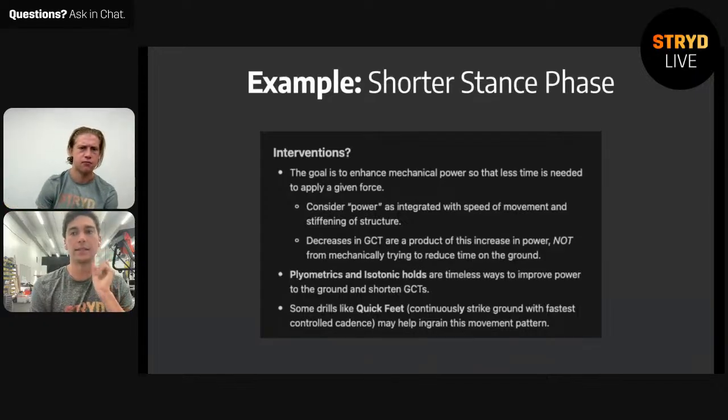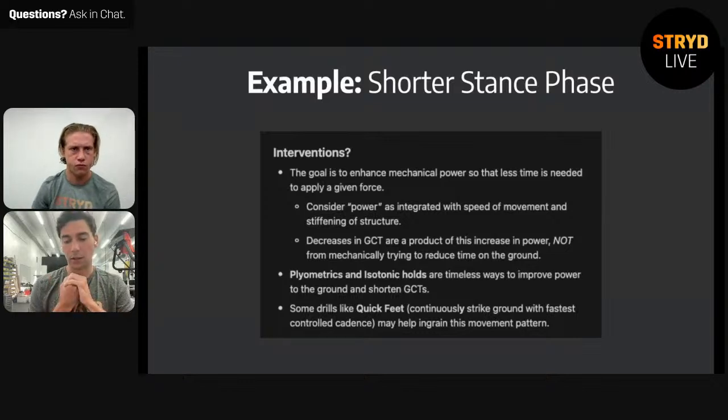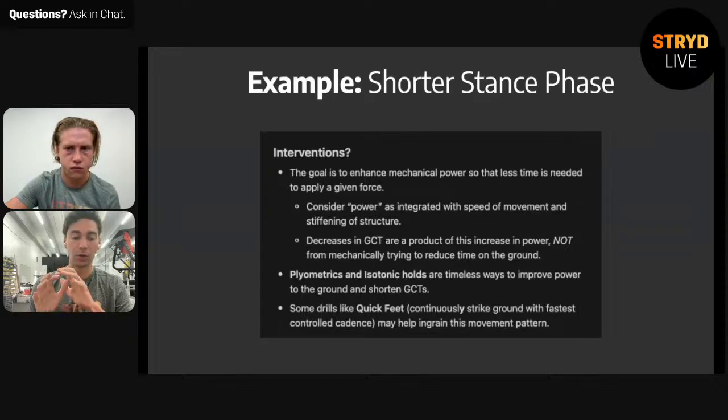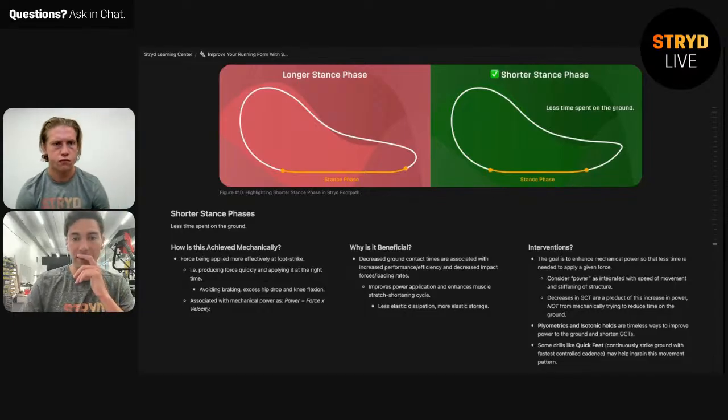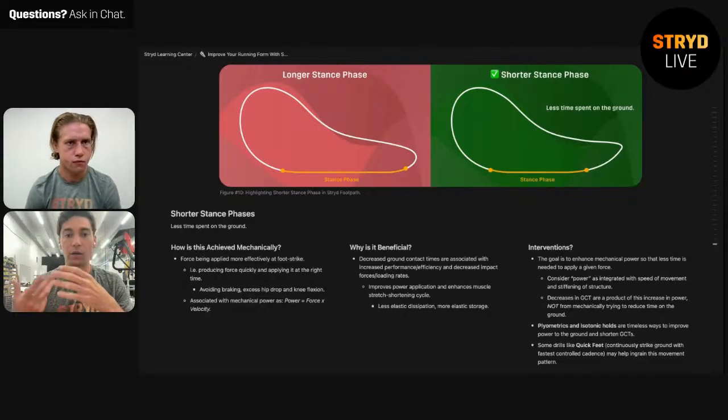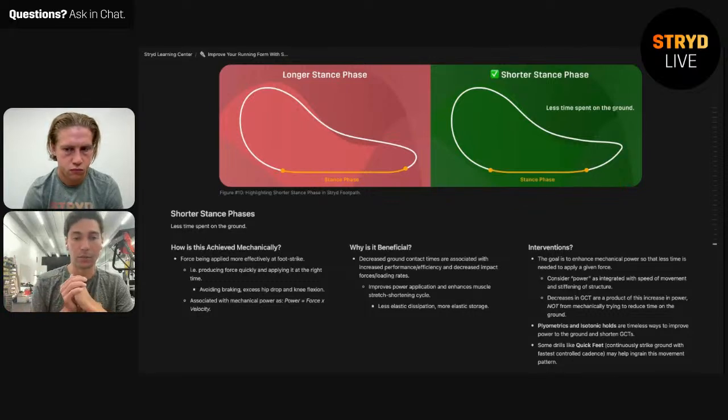Yeah, so like I said, the best way to implement change or improvement in your footpath is to take a more exercise-based view of it, rather than trying to bring my foot up off the ground quicker for a shorter stance phase. The best way to get a shorter stance phase is to focus on power, because improving power will decrease stance time, since you're effectively loading and deloading that Achilles structure, that leg mass complex.